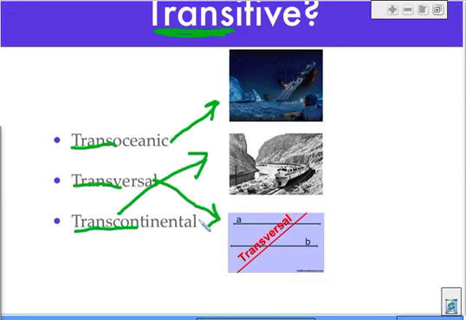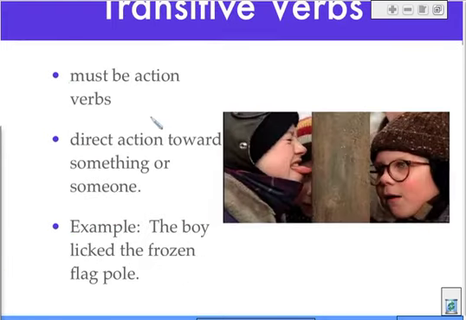It points to something, whether it's the other side or another line, but specifically for transitive verbs, it actually points to another word. Okay? So it says they must be action verbs, and then they must direct action toward or to something or someone.